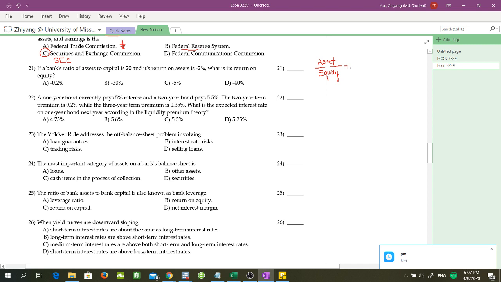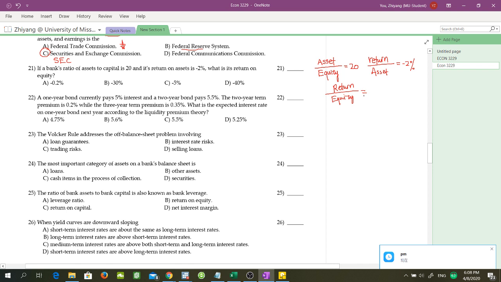So asset over equity is 20, not 20%. And its return on asset is going to be return divided by asset. This is negative 2%. And we're looking for return on equity, which is return over equity.